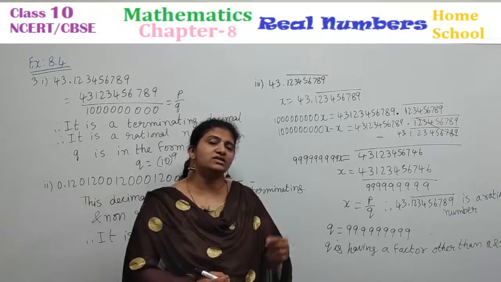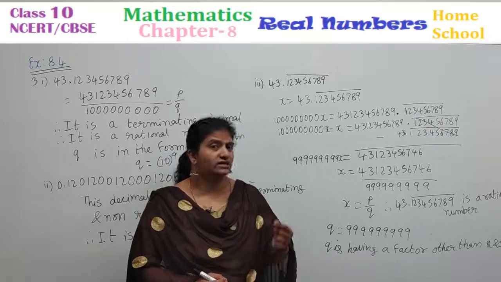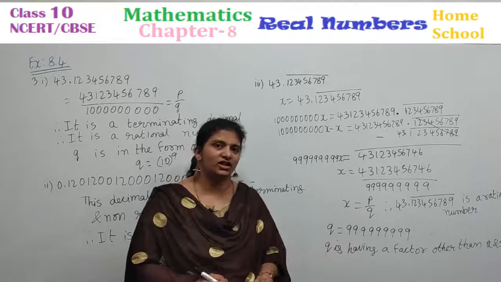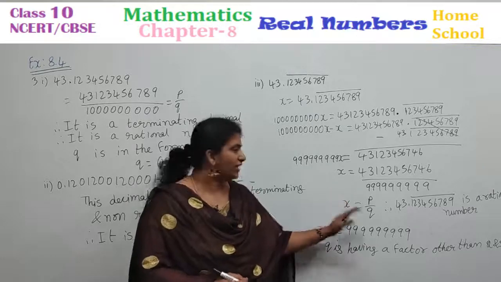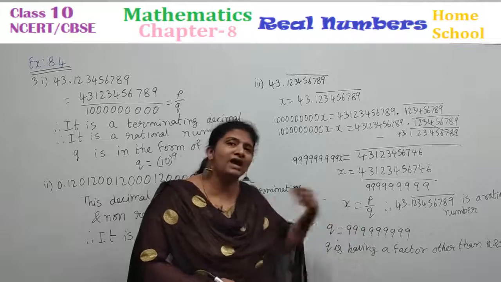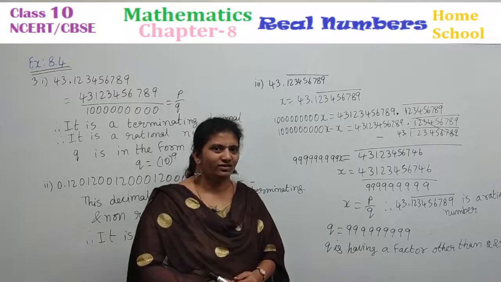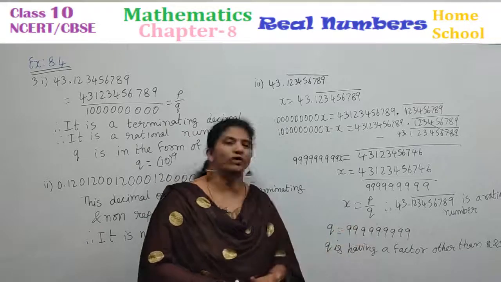We have discussed that if only 2 and 5 are there, it is terminating, it is a rational number. But in this case, it is different. Your denominator is other than 2 and 5. Right? Q is other than 2 and 5.